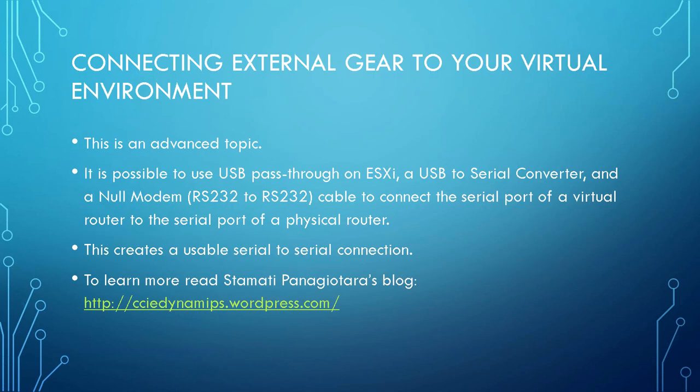Now, how I got to do all that was I read a really interesting blog. It's this CCIE DYNAMIPS.wordpress.com. This guy actually went and got a rack full of servers and some external gear and was studying for a CCIE and was trying to figure out how he could connect his physical gear to his virtual gear and then use them all as one system, so he could simulate some of the gear that he couldn't afford to buy off eBay or wherever.